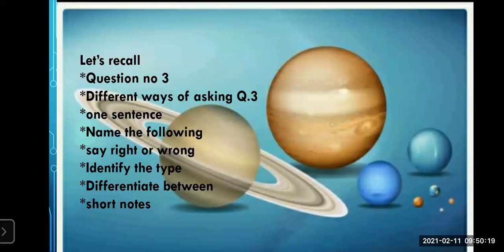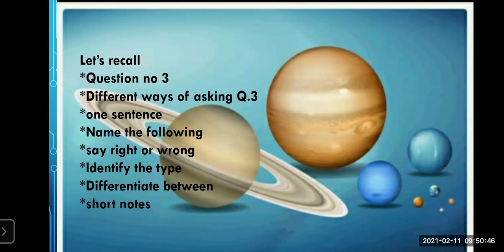So for one differentiation, 2 marks are allotted. And if you answer both, you will get 2 plus 2, 4 marks. While answering this differentiate between, remember that you have to write at least 2 to 3 points. And how to write, which points you have to present over there, that we have learned in the previous lecture.